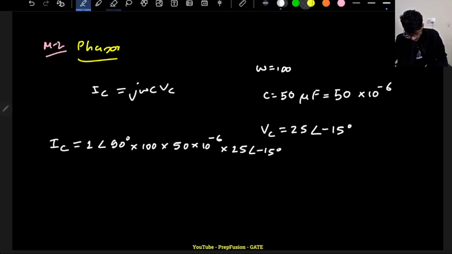Ultimately, what comes out is again the same multiplication only. This overall quantity comes out to be 0.125 angle 75 degrees.